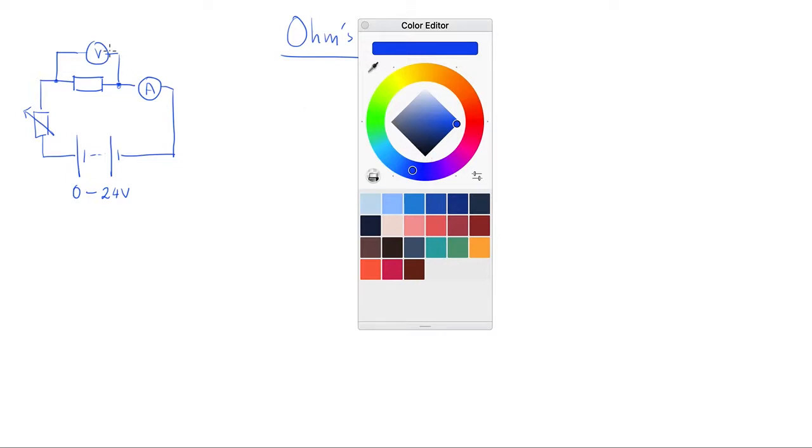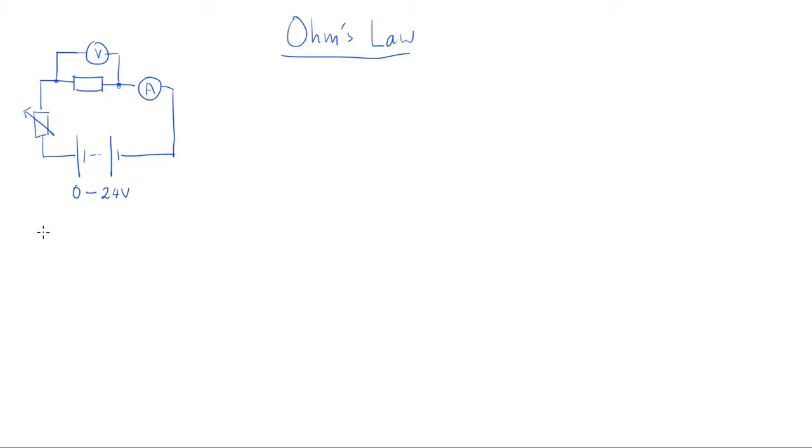And so by varying the resistance in the external circuit, you can plot current against potential across this component here. So in this case it would be a resistor.